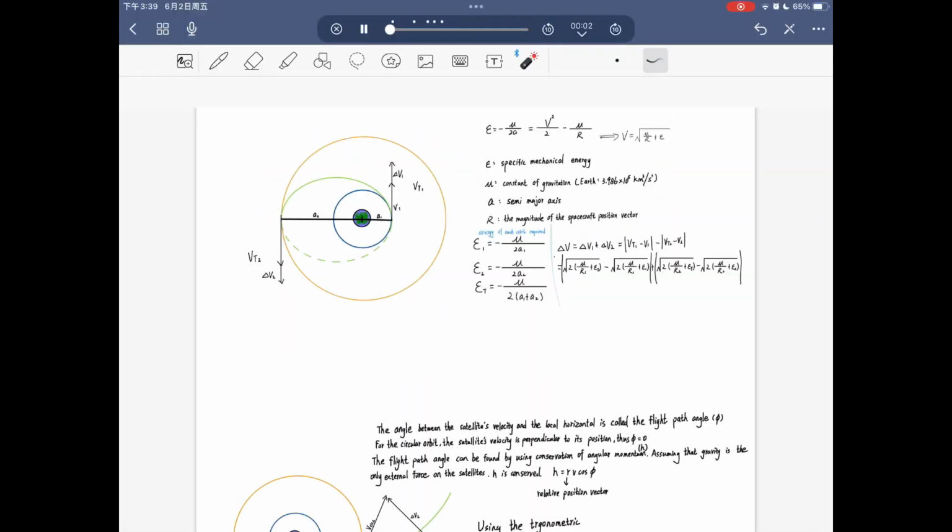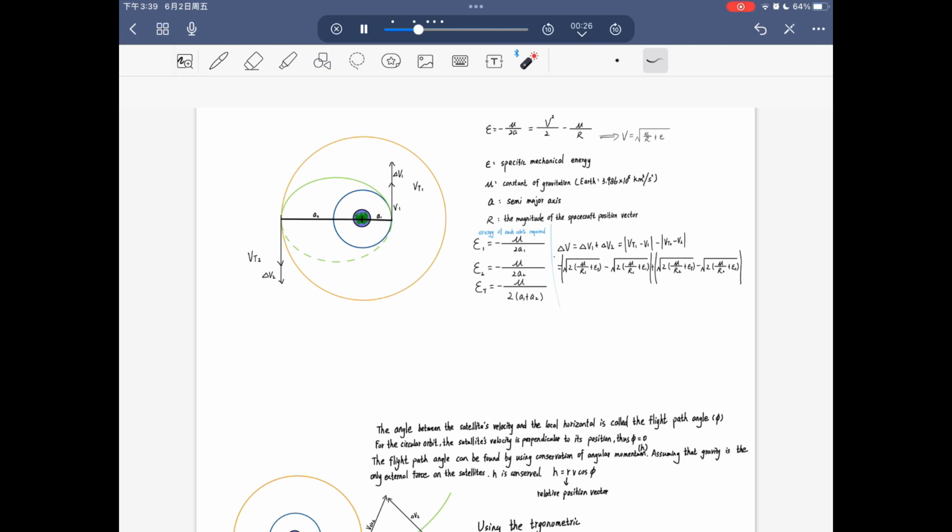Now I'm going to show you how to calculate the change in velocity in these two transfers. Here we get an equation: the specific mechanical energy is equal to minus mu over 2a. It is also equal to v squared over 2 minus mu over r.